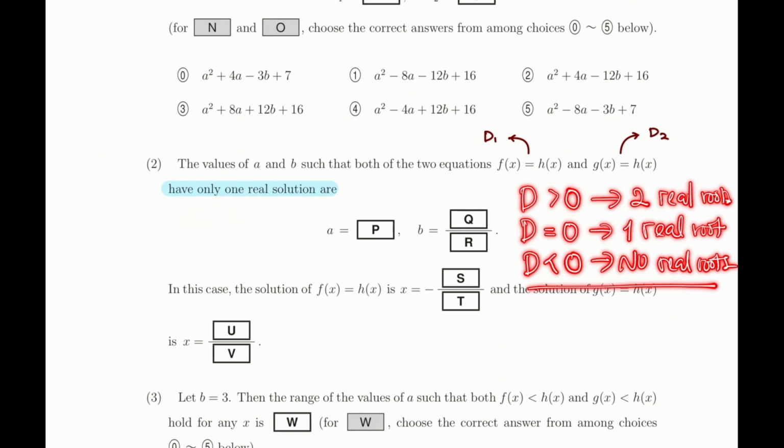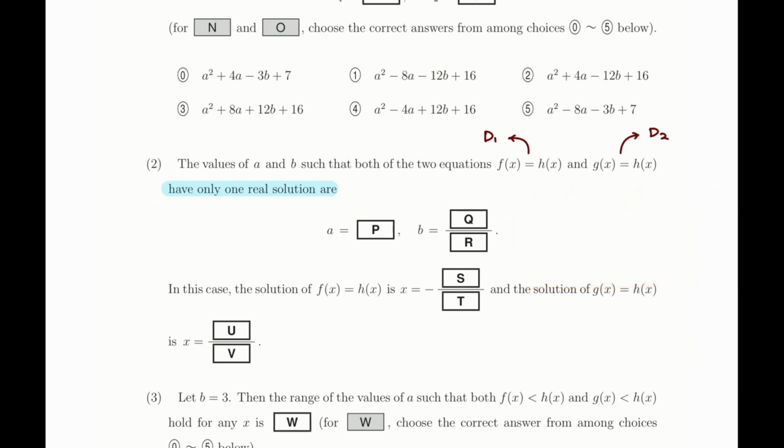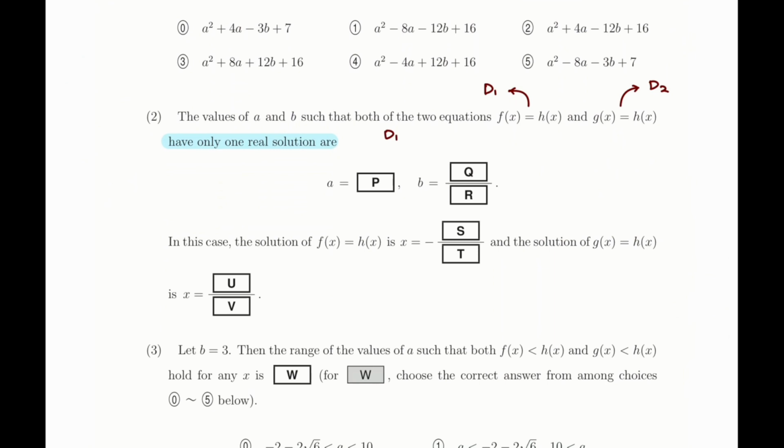This is the condition that you need to remember when you work with the discriminant. So, since they mentioned that our equation has only one real solution, that means the discriminant is equal to 0. So d1 is equal to 0 and also d2 is equal to 0.